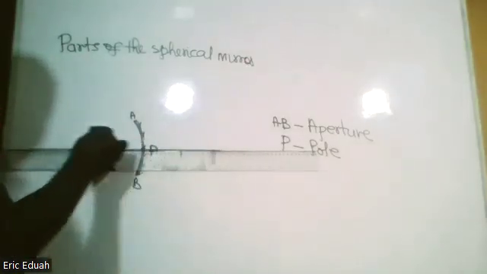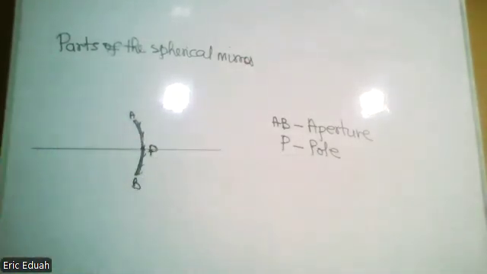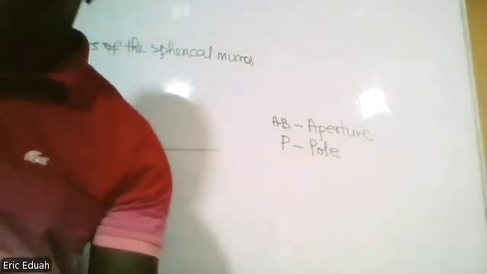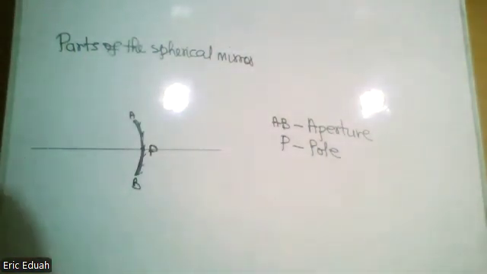So this imaginary horizontal line, which passes through the pole, dividing the mirror into two equal parts, is known as the principal axis.